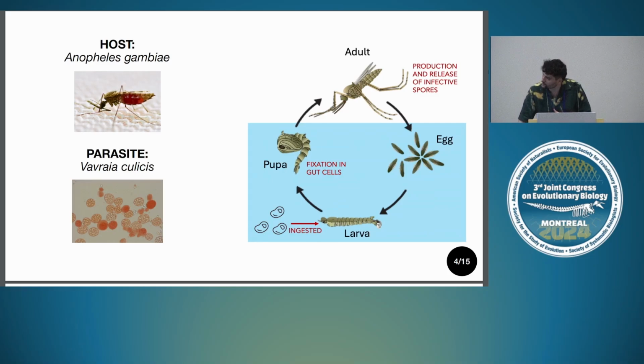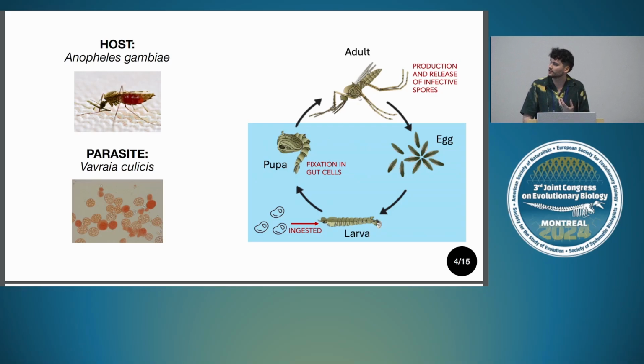They fixate into the gut cells and produce spore factories, spores that are going to be infective, but they are not released soon, because they have to be produced on a mass scale first.